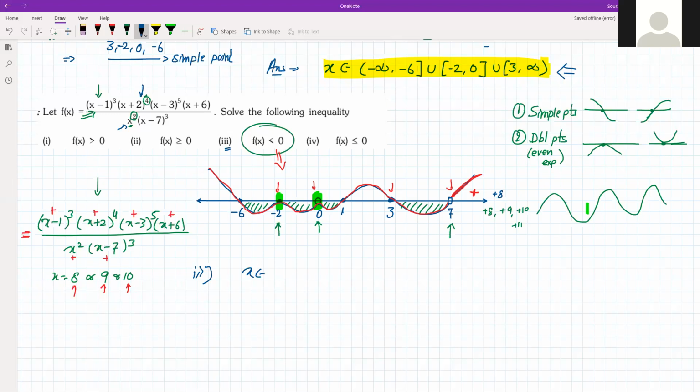So at -6, it says less than 0, but at -6 it is equal to 0. That means I cannot include -6, so that's why it is an open interval. So -6 to -2. Again, -2 won't be included, so that is also an open interval. Then next, -2 to 0 and 0 to 1. 0 is anyways not included because at 0 this function doesn't even exist.